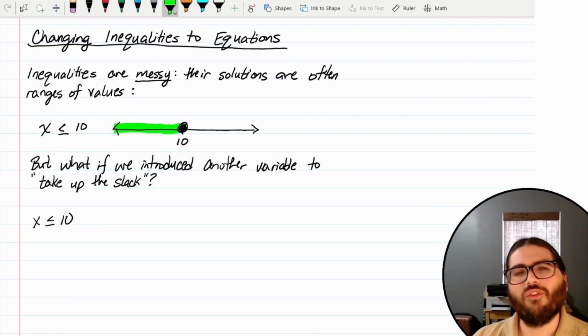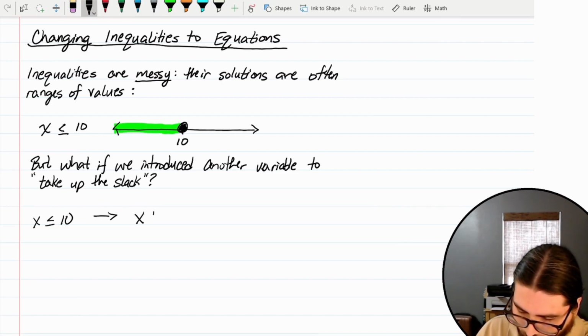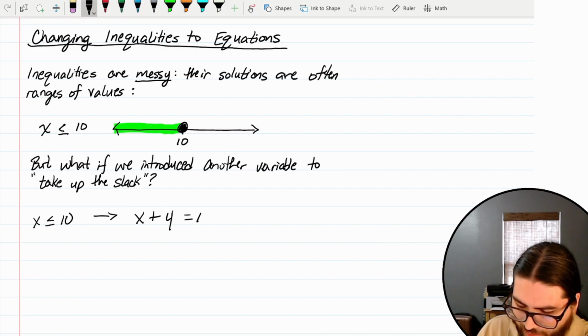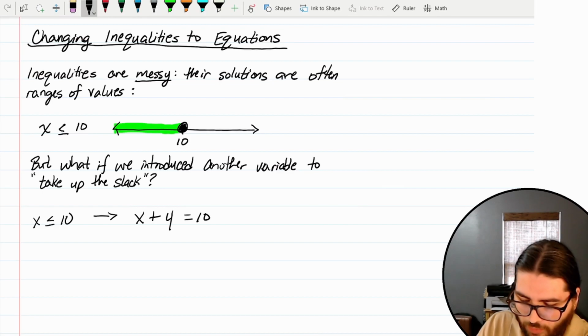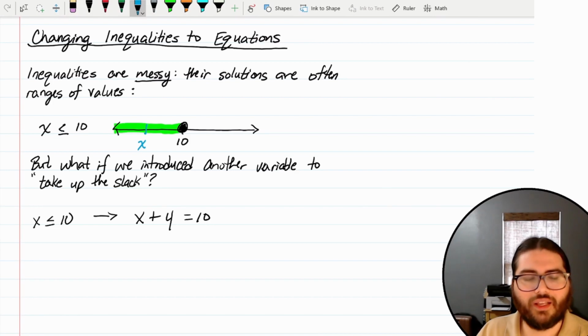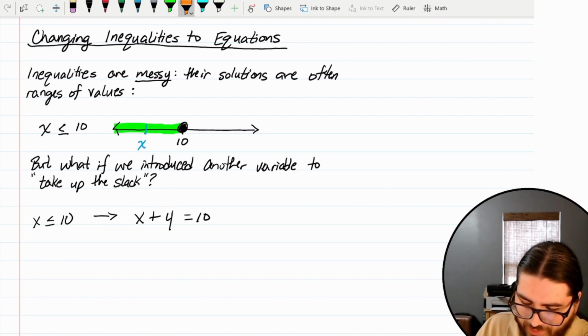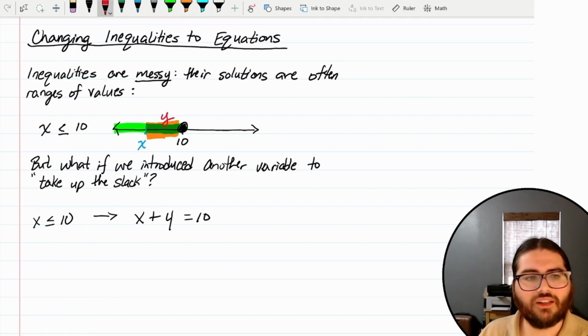Here's what I mean. If I take the same inequality, x is less than or equal to 10, and I instead represent it like this, x plus y is equal to 10, that would essentially tell me, okay, for any x variable I had in the previous region, let this y variable represent everything after the x but before the 10.